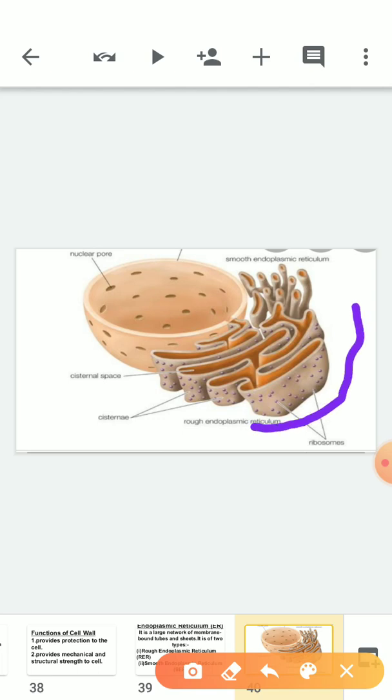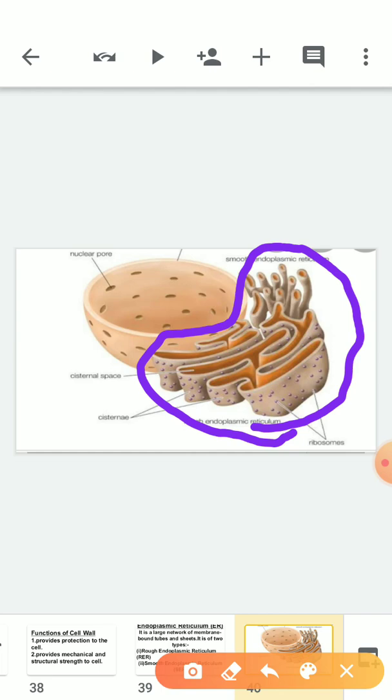It is the envelope part of this nucleus. Outside the nucleus it is, and this is known as endoplasmic reticulum. And here you can see the outer covering which you are seeing here. This is rough endoplasmic reticulum, and inside it we are having smooth endoplasmic reticulum.